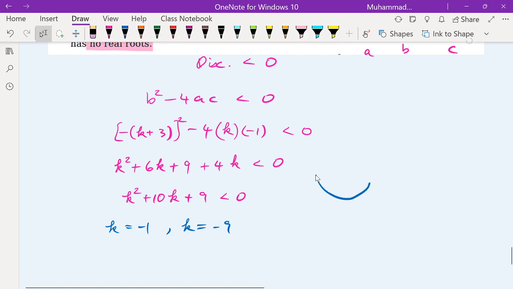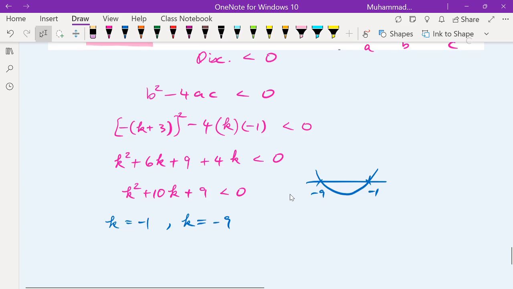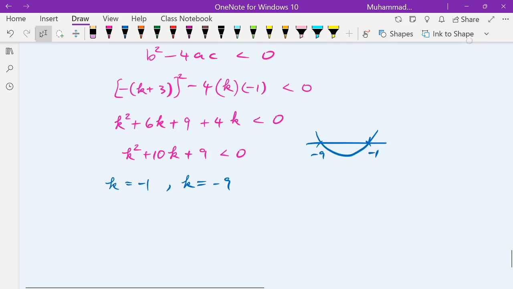So your k curve is crossed at minus 9 and minus 1. Do put them in the right order. The smaller one comes earlier, and then the larger one. It's negative, so again it's the central interval. So your solution is that k is from minus 9 till minus 1.